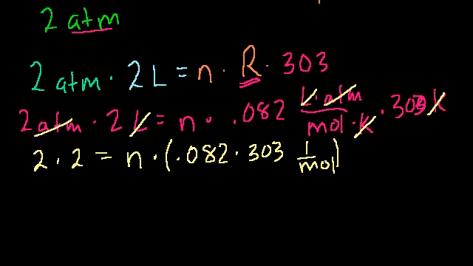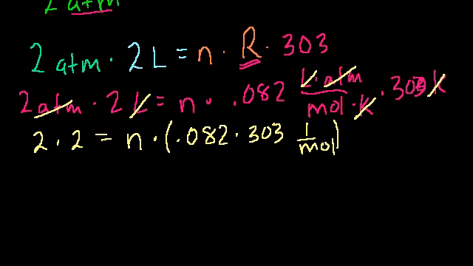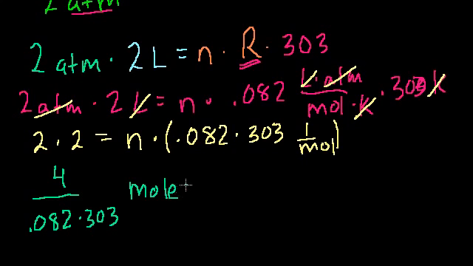So we get 4, since 2 times 2 is 4, divided by 0.082 divided by 303. I'm just taking this and putting it on the left-hand side, dividing both sides by it. And when you divide by a 1 over mole, that's the same thing as multiplying by a mole. Moles is equal to n. So it's good. The units all worked out. We're getting n in terms of moles.